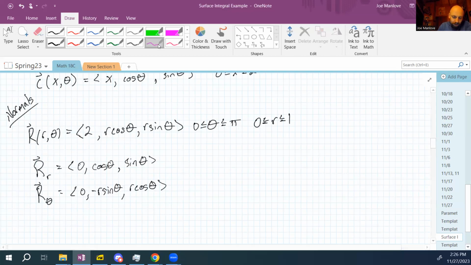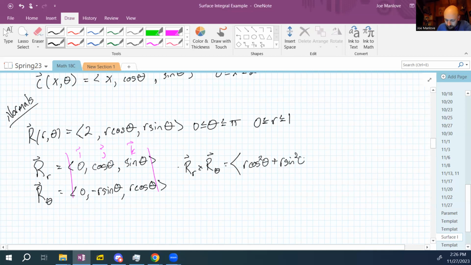And then I need to calculate the cross product. So I'm going to throw an I, J, and a K in here. And I'm going to say that out of this, I'm going to get that R crossed with R theta is going to give me... Okay, so in the first place, I have R cosine squared theta plus R sine squared theta.